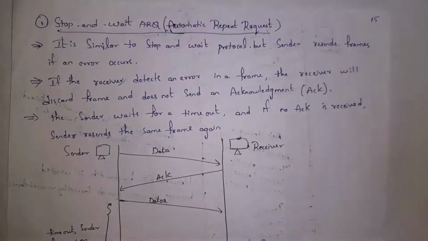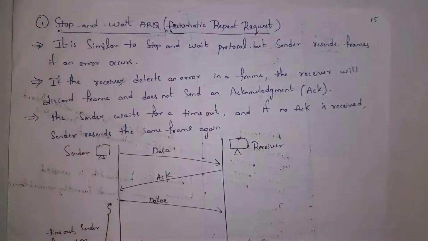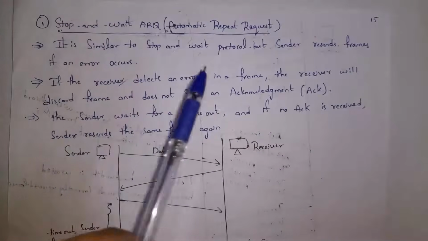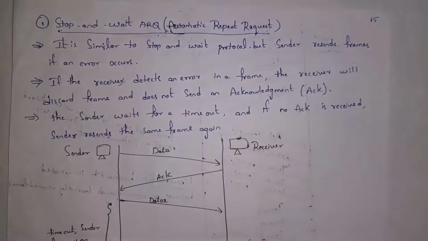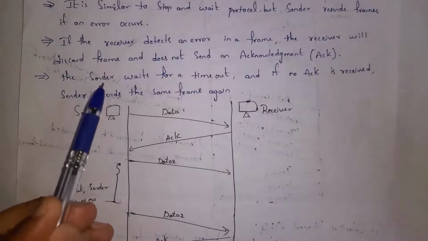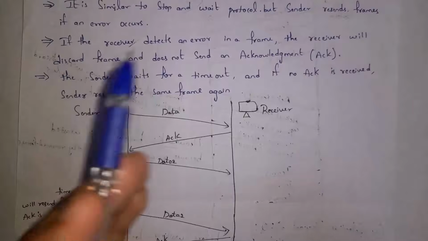In stop and wait protocol, there will not be any errors in data transmission, whereas in stop and wait ARQ, there will be errors in data transmission. It is similar to stop and wait protocol, but sender will resend the frame if an error occurs. Whenever receiver receives data with error, receiver will discard that message and will not send any acknowledgement to sender. So after waiting some time, if sender doesn't receive any acknowledgement, then sender will again send that same data.